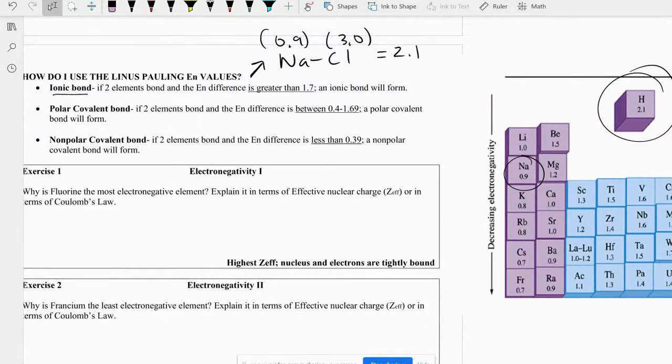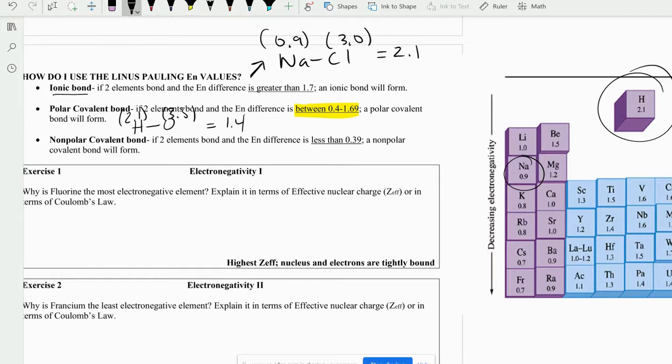The bond that forms between hydrogen and oxygen within a water molecule: hydrogen has an electronegative value of 2.1, oxygen has a value of 3.5, and the difference between these two is 1.4. If you go back and look at our ranges listed here, between 0.4 and 1.69, that would qualify as a polar covalent bond.